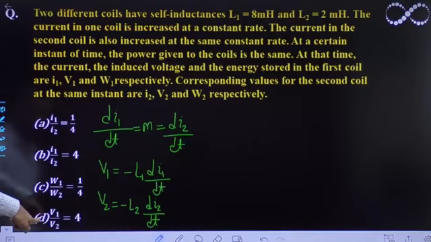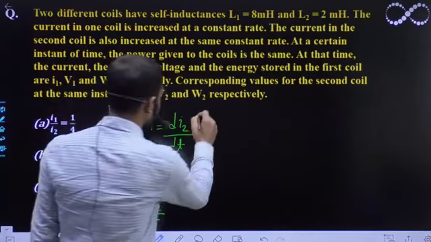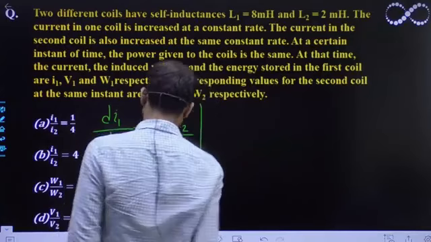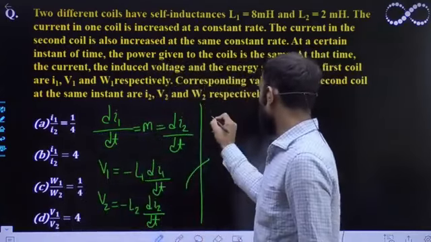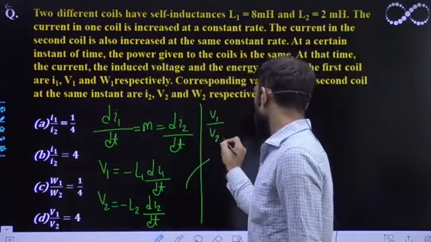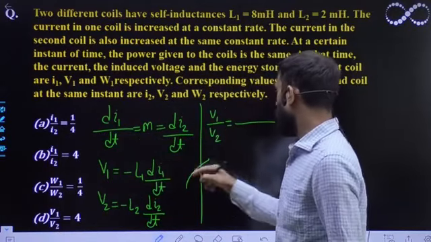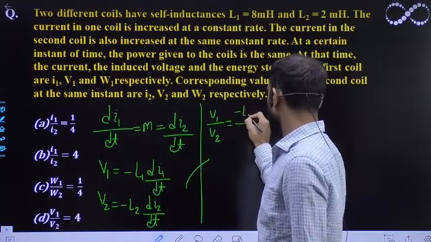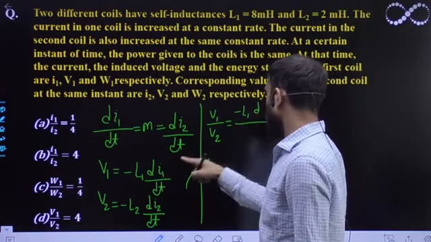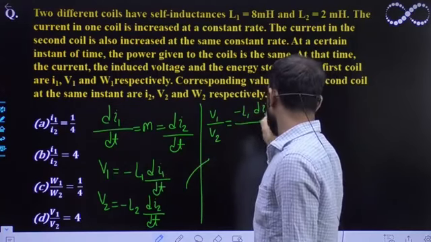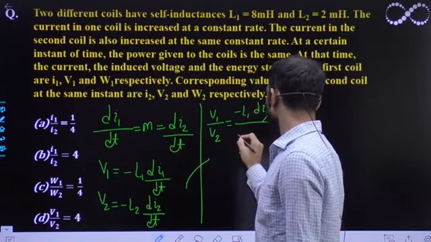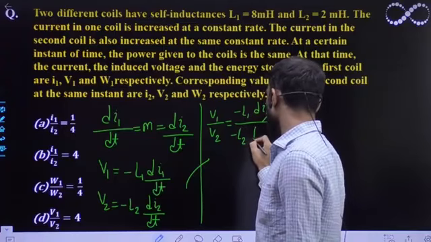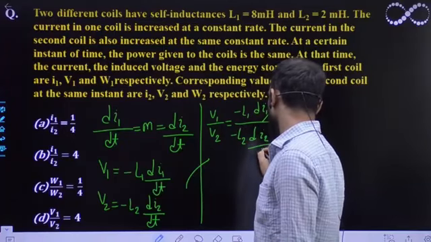So let us see whether option D is correct or not here. V1 upon V2: this will become minus L1 dI1 upon dt, and this becomes minus L2 dI2 upon dt.